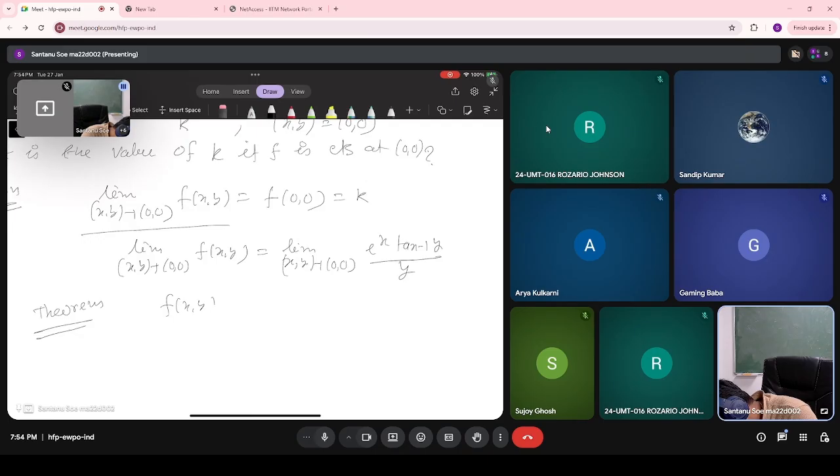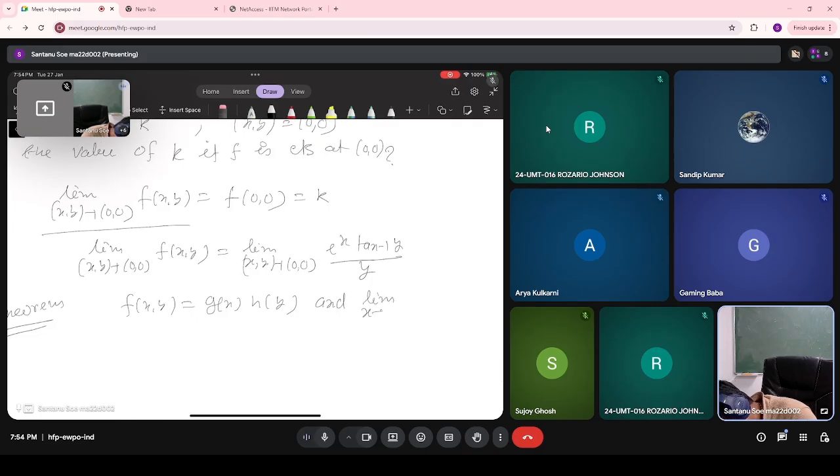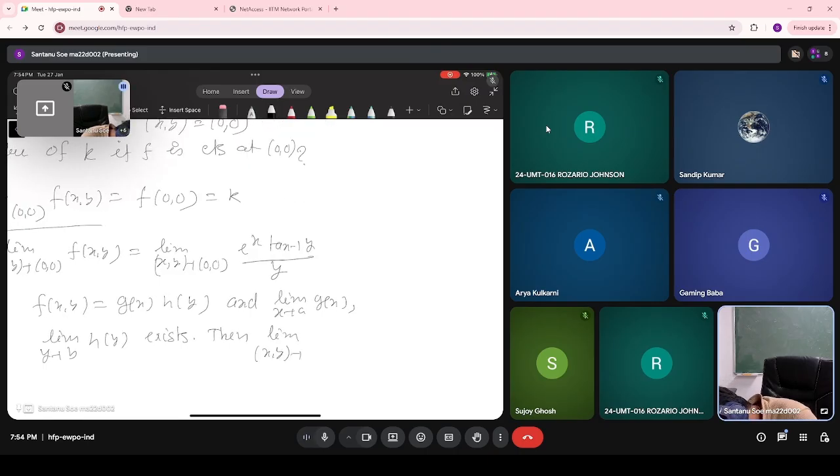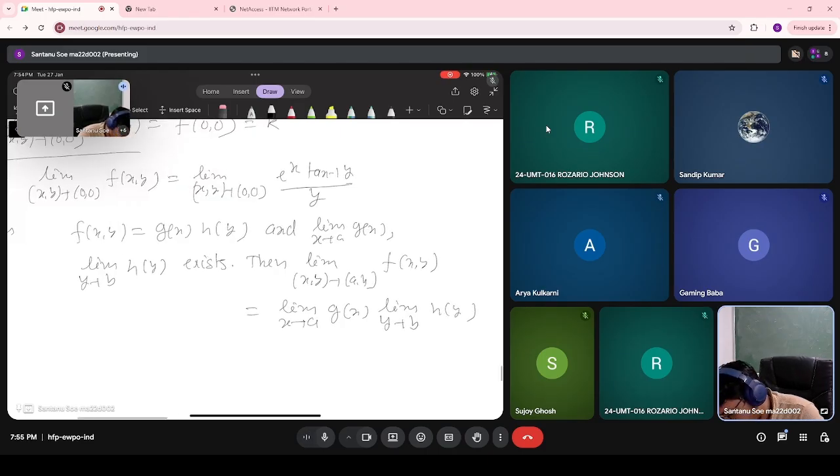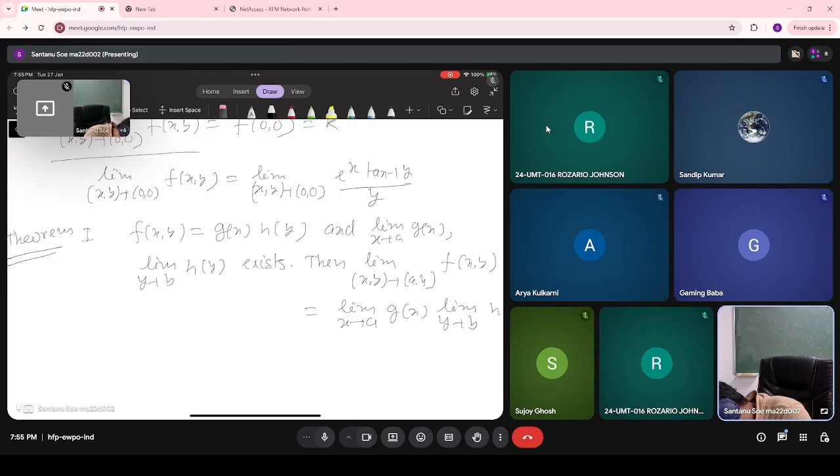If f of x comma y is g of x into h of y, and limit x tends to a of g of x and limit y tends to b of h of y exist, then limit x y tends to a comma b of f of x comma y will be the same as limit x tends to a of g of x times limit y tends to b of h of y. So I'm going to use this theorem.